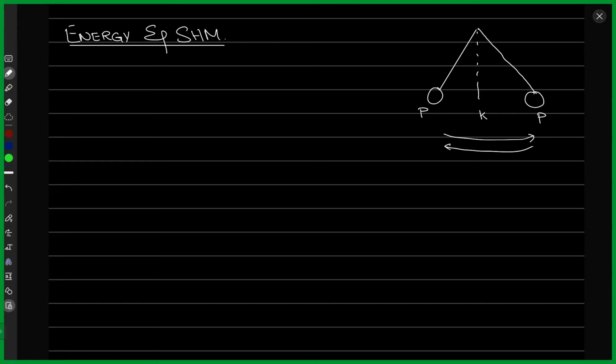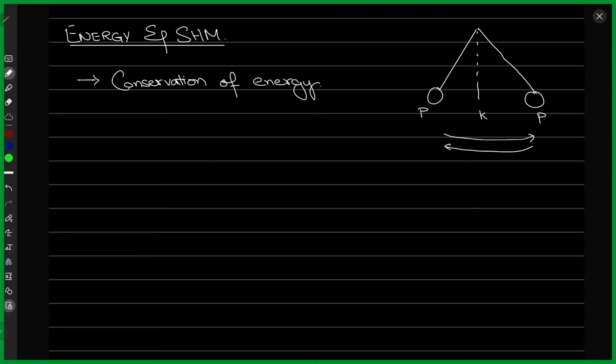Now the important point is, again, one of the most important principles of physics. It is conservation of energy. Yes, of course, this transfer of energy happens, but the total energy is conserved, right?